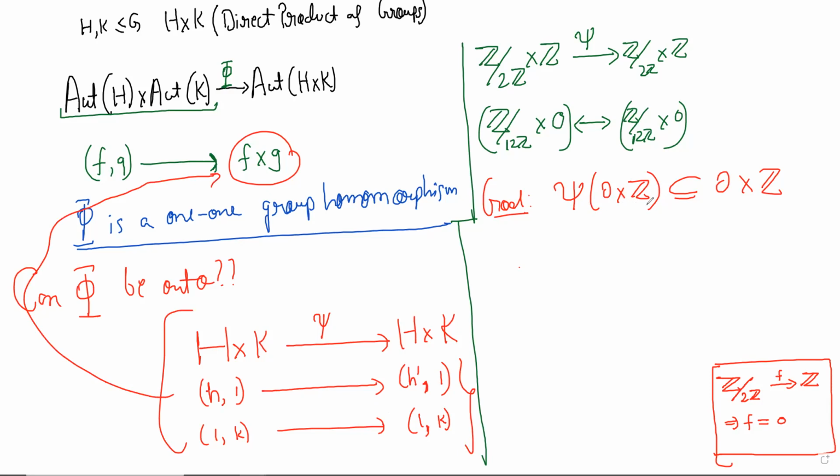The psi of 0 cross Z should go to 0 cross Z is what we are trying to show. Yeah, what is a good way?